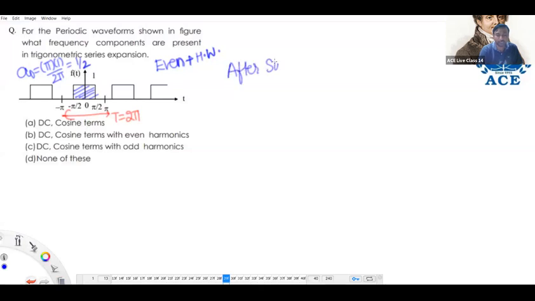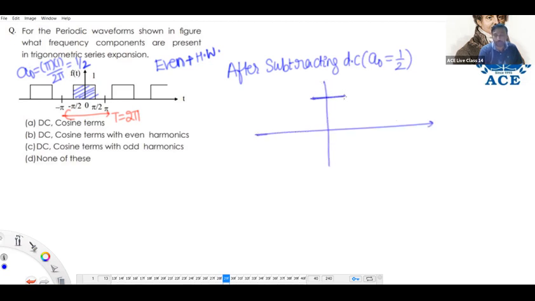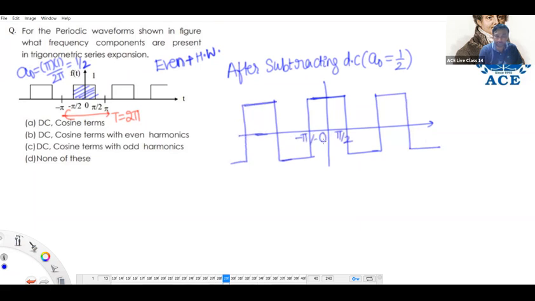After subtracting DC, what is the change in the graph? If I remove 1 by 2, the amplitude level of that signal becomes plus or minus half. That will appear like this. I am showing in the graph only the half wave. Just observe carefully.